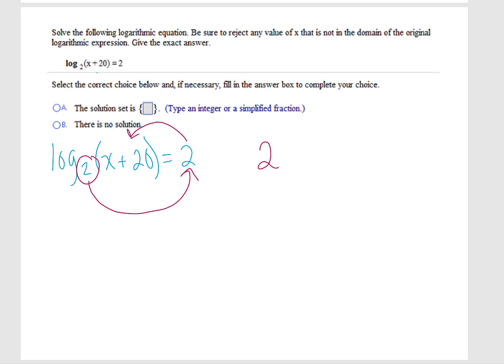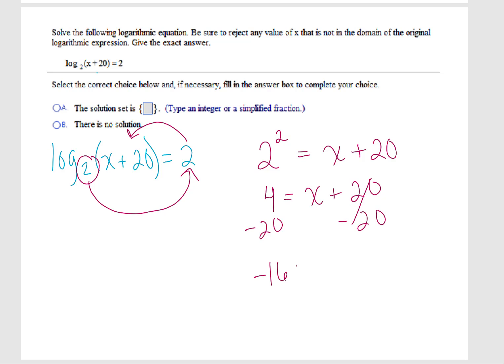So base of 2 raised to the second power equals x plus 20. So notice how it pulls that x out. So now we can solve for it. So 2 squared is 4. Subtract 20 from both sides, and I get x equals negative 16.